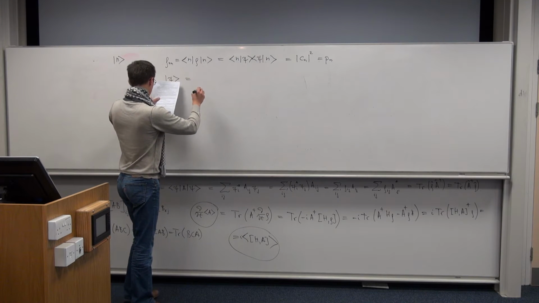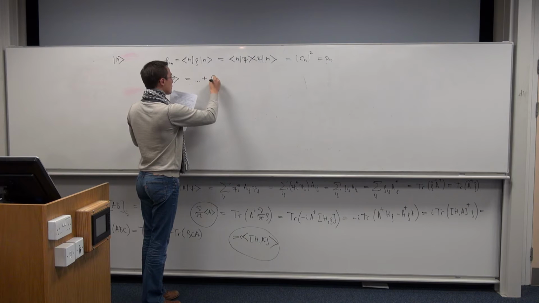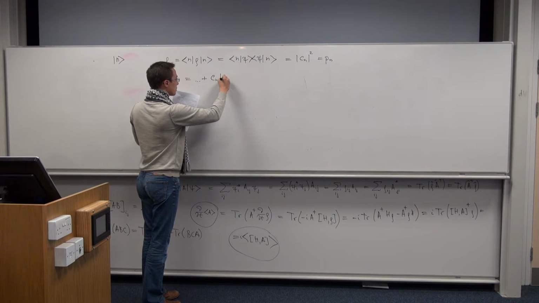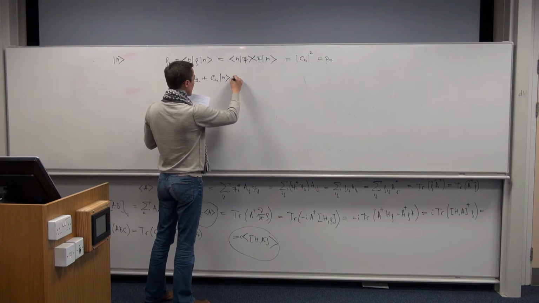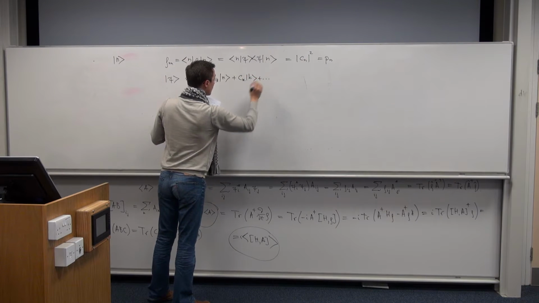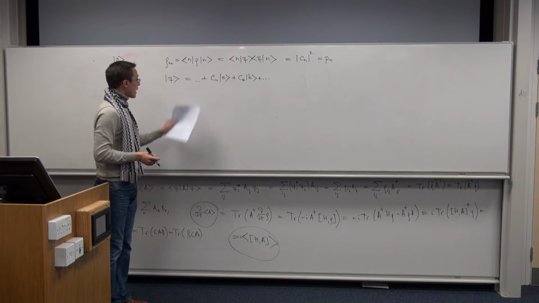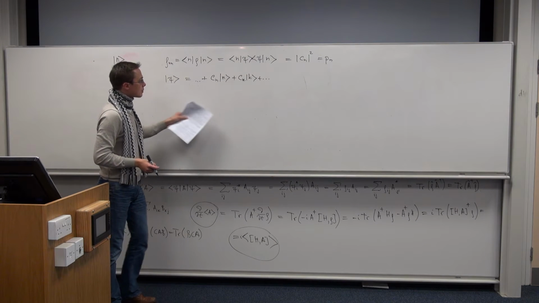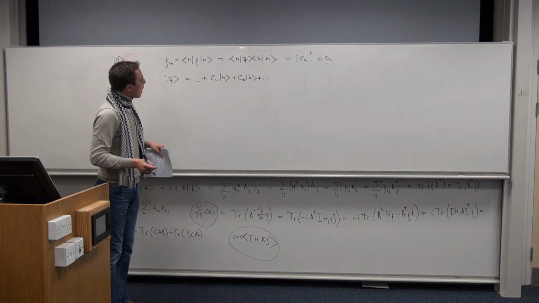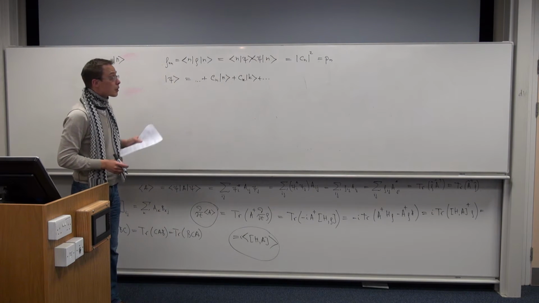So it will be some linear combination, and it will have two terms that we'll specifically take a look at, the nth term and the kth term. Yeah, the cat can be dead, the cat can be alive, the cat can be dead and unhappy, alive and happy, and so on. But amongst the linear combination, there are these two terms.